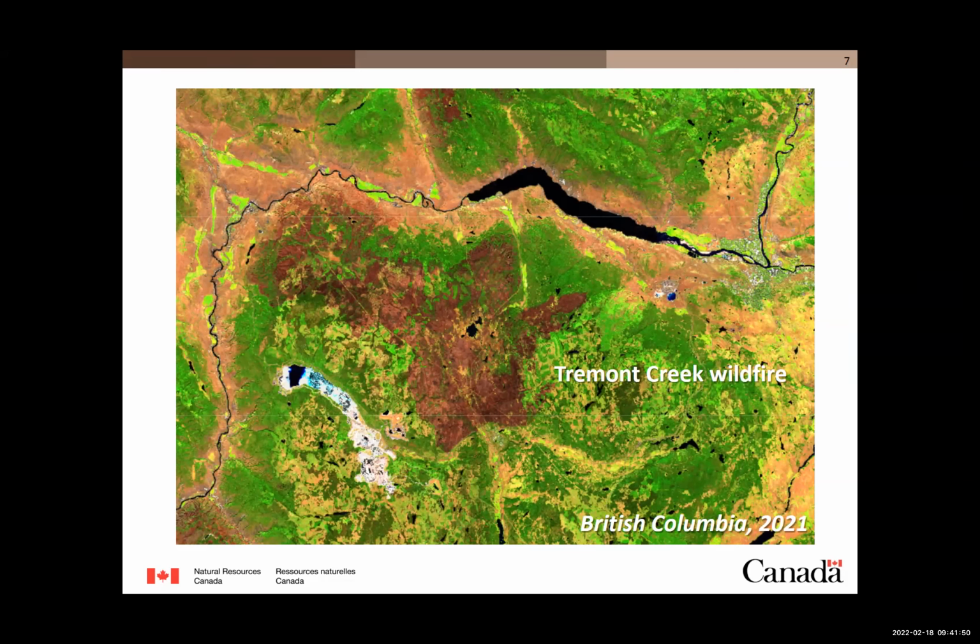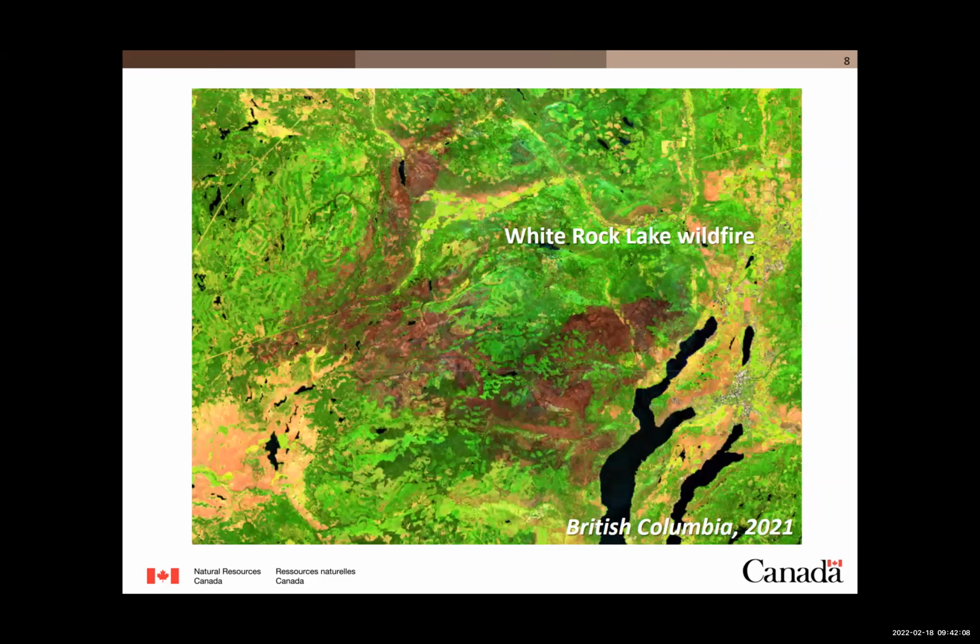So just be careful when you're looking at imagery sometimes that a burn scar can also look like other features. But usually for most fires, especially those that burned more recently, you do get those really dark red tones on the image. And here's just another example, the White Rock Lake fire near Kelowna. And again, we see those darker red pixels, which are indicative of the burn scar.